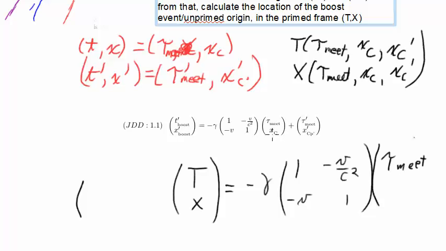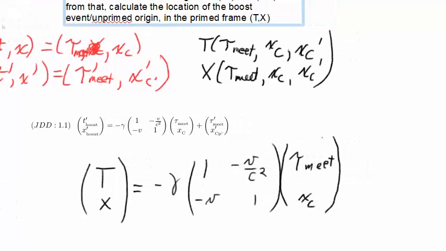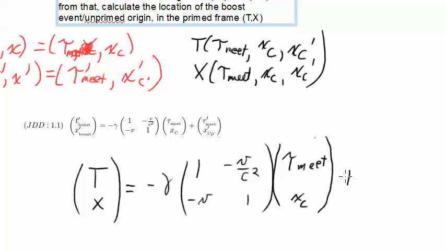And x sub c was the coordinate of the stationary clock C in the unprimed frame. And then we'll also have tau prime meet, the time at which the two clocks meet in the primed frame.